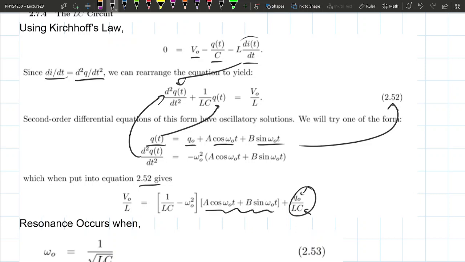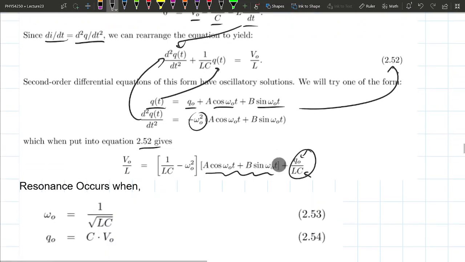It's just sines and cosines oscillating on top of each other, multiplied by 1 over LC minus omega naught squared, where omega naught is what we're going to call the characteristic frequency. That's defined as 1 over the square root of LC. If you do the unit analysis of L times C, you end up with units of seconds squared. You square root it, you end up with 1 over seconds, which is exactly the same units as angular frequency, okay?